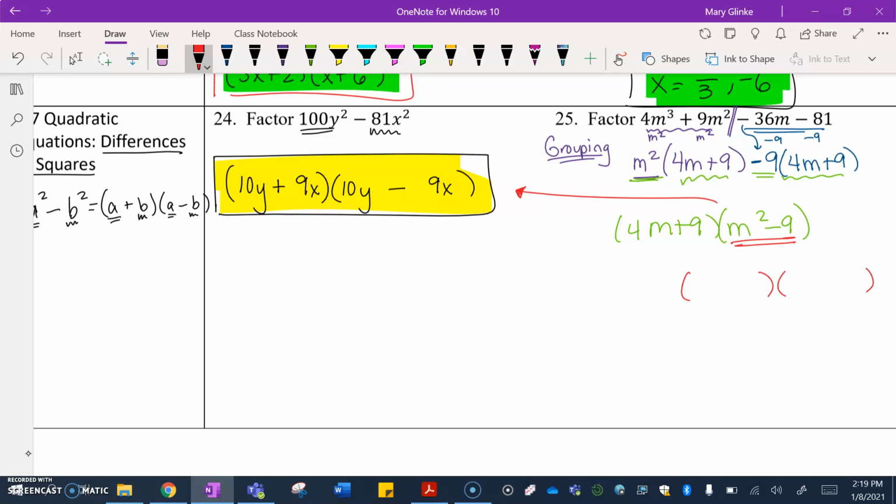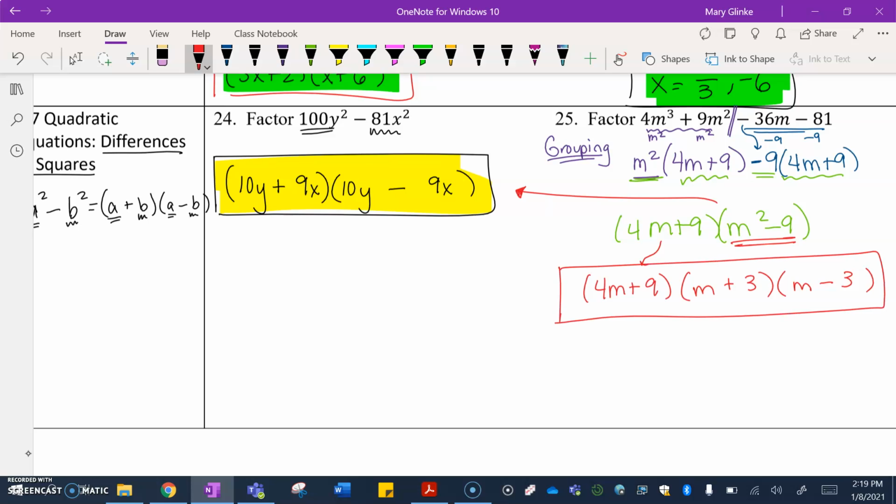So the square root of m squared is m. The square root of 9 is 3, and we have 1 with a plus, 1 with a minus. And then we need to make sure we bring down anything from our problem that we didn't use with our new method of factoring. So the final answer here would be all 3 of those factors put together.